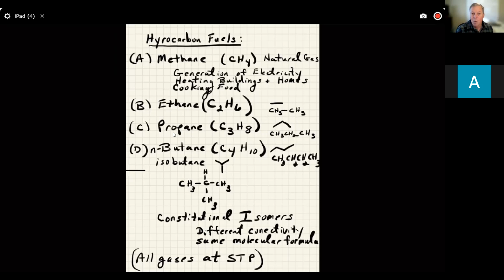Now, the other issue with using methane as a fuel for these giant electrical boilers is that oftentimes it's difficult to trap all the methane. You get leaks. In the drilling and fracturing of rock to open up reservoirs of methane, you get leaks, and the methane goes up into the air.